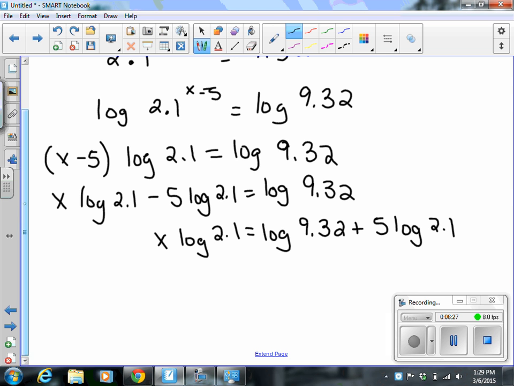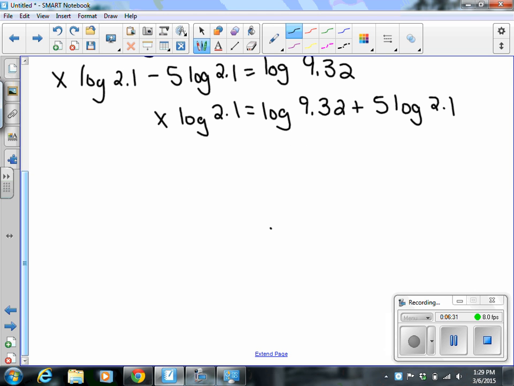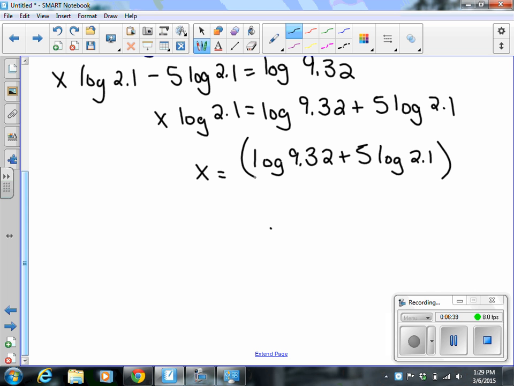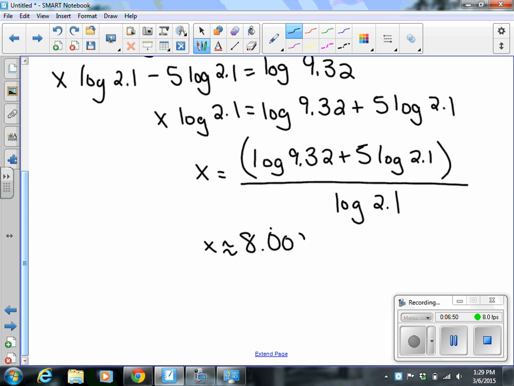So then from here, I'm going to go ahead and divide that out. And once I plug that into my calculator, I will see that it equals approximately 8.009.